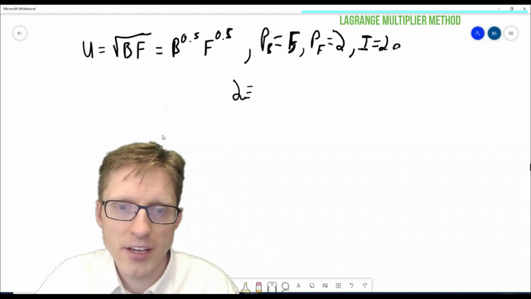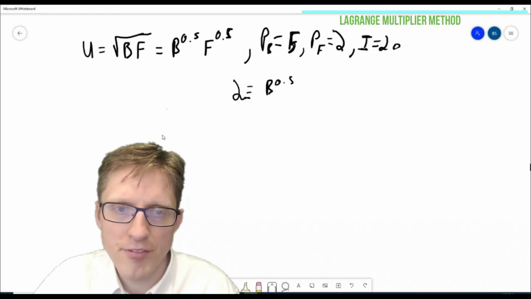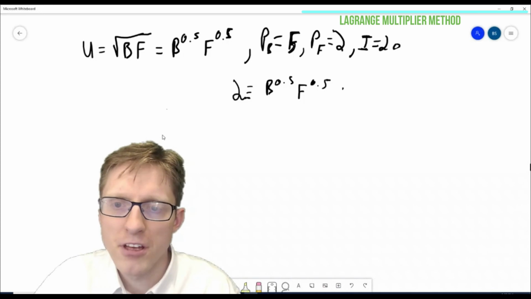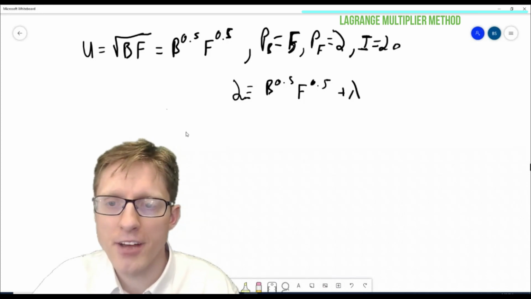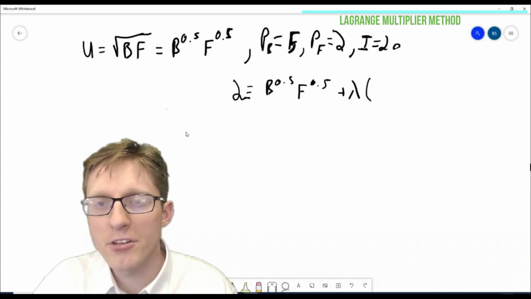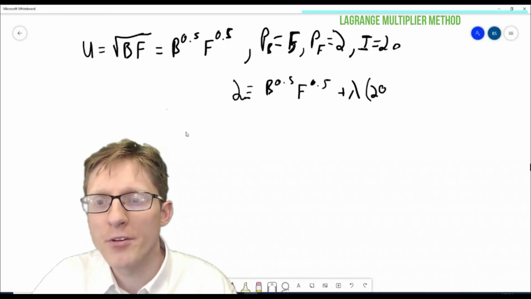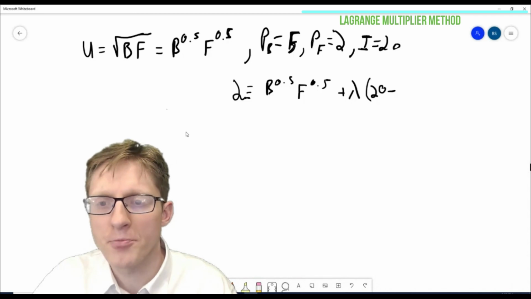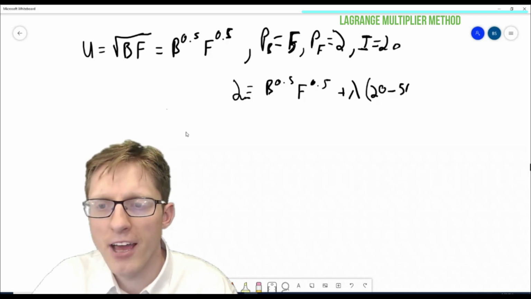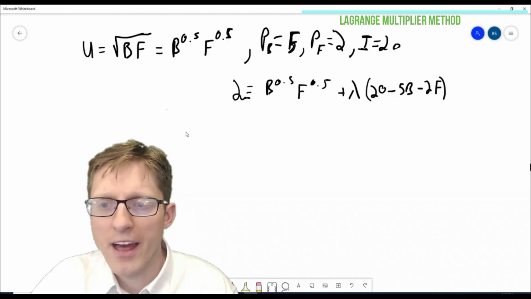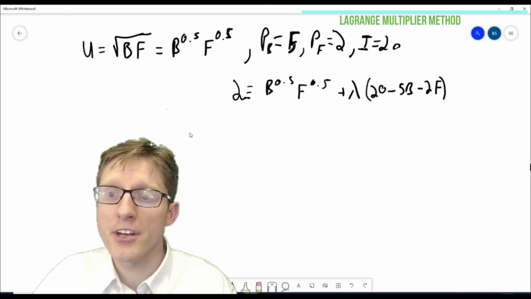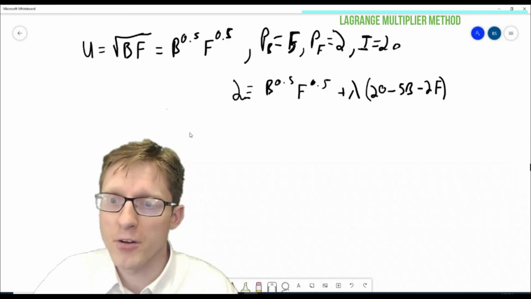So the Lagrangian is equal to the utility function, B to the 0.5, F to the 0.5, plus the Lagrange multiplier lambda times the constraint. The constraint is the rearranged constraint that's equal to 0. So if we have their income and we subtract their expenditure, 5B minus 2F, that should equal 0, according to the constraint that we plug in inside the parentheses.